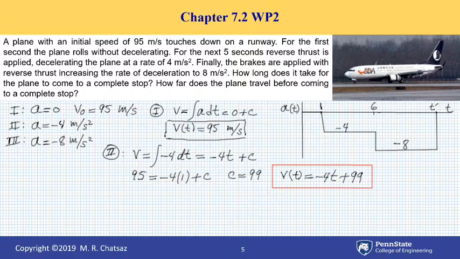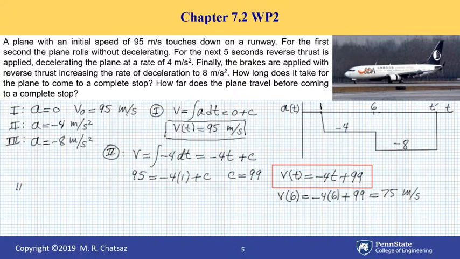Then if I plug 6 seconds in this equation, I can know what the velocity is at the time of 6 seconds. So -4 times 6 plus 99 gives us 75 meters per second. This is velocity at 6 seconds, which is going to be used to find the next constant of integration.